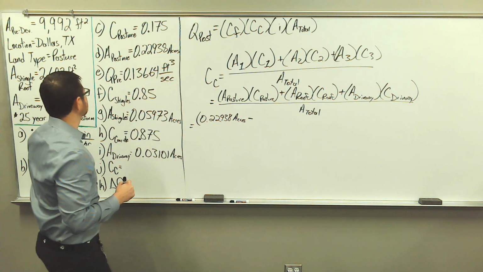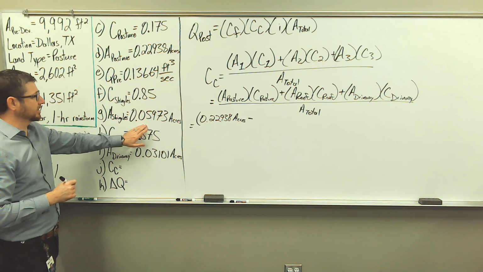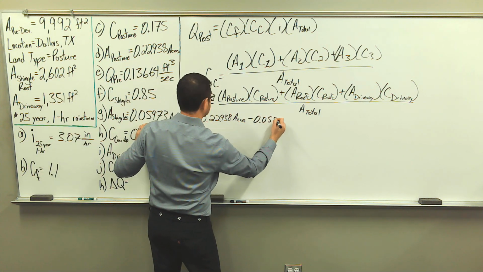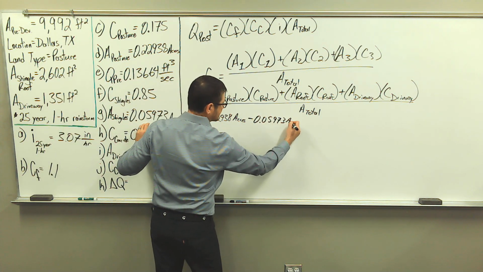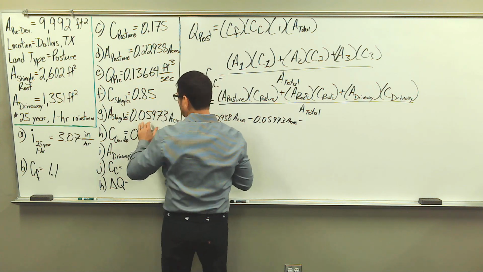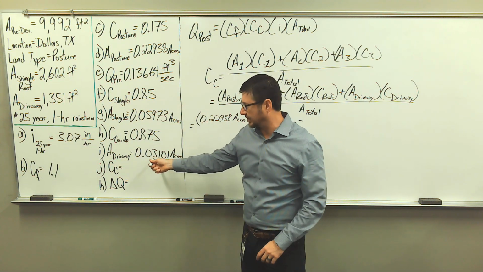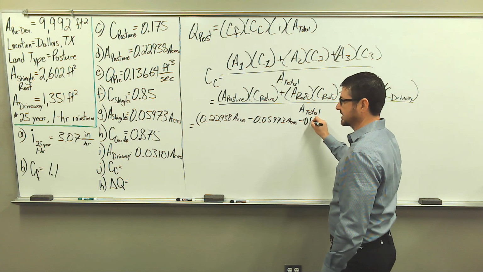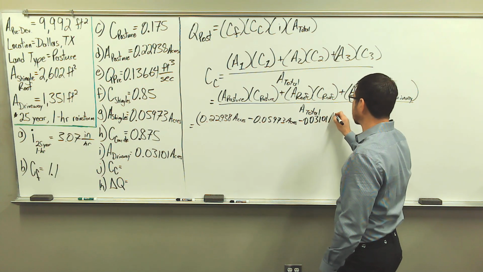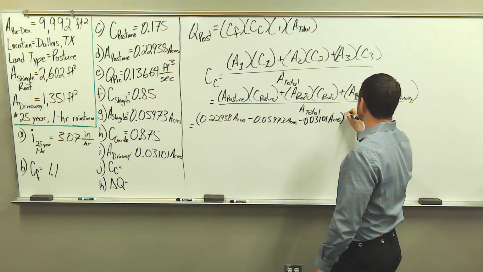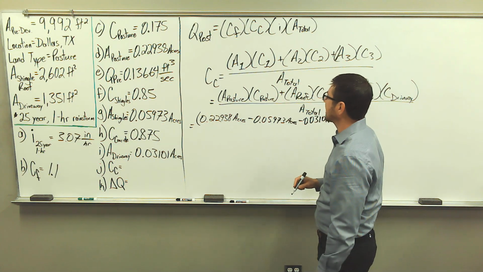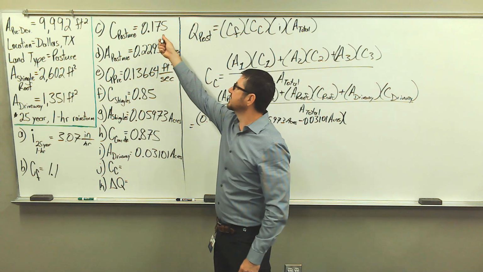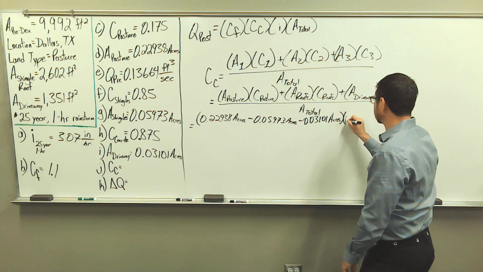We're going to subtract the area of our shingle roof, 0.05973 acres. And then we are going to subtract the area of our driveway, so minus 0.03101 acres. And then multiply by the runoff coefficient for our pasture surface, 0.175.